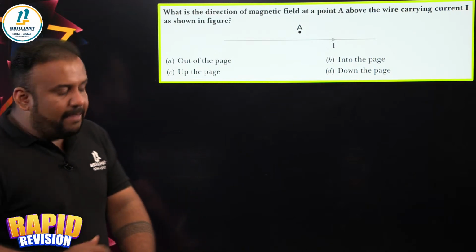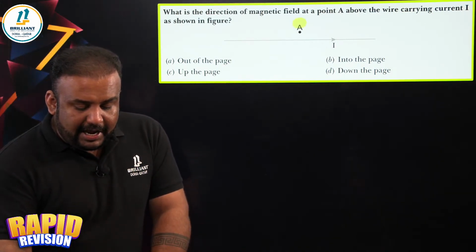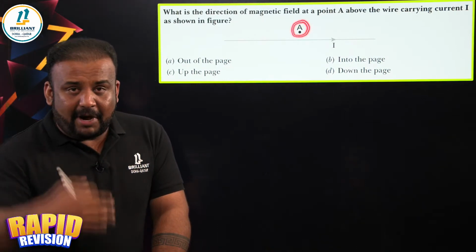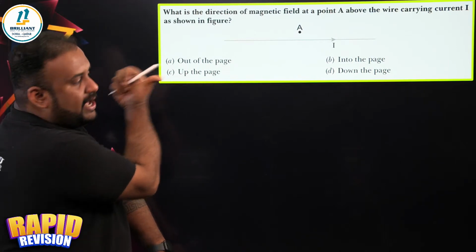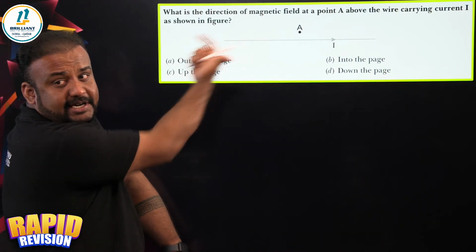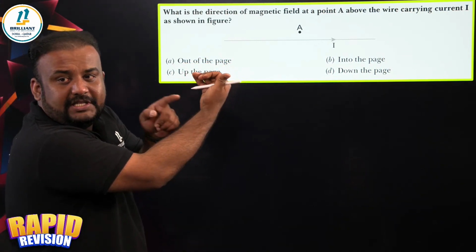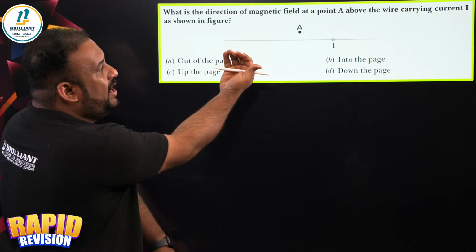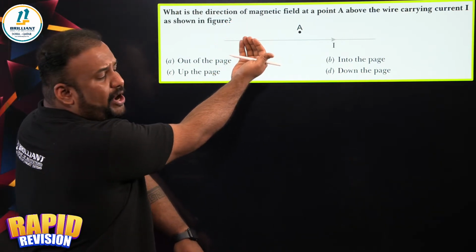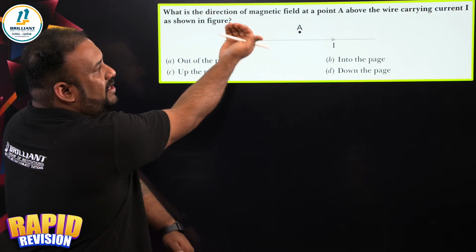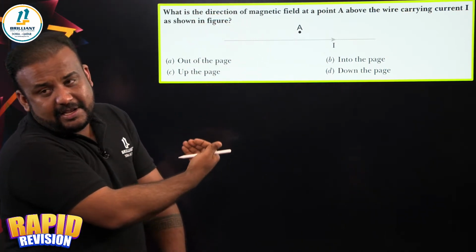So here, if you apply right hand thumb rule, and they asked at the point A, okay, this point is above the wire. So you hold the wire like this. The direction of the current is from left to right. That is the direction of the current. So you hold the thumb like this. The fingers that wrap around will tell you what is the direction of the magnetic field. So here, look at how the magnetic field is rising. At the point A, it seems like the fingers are wrapping and coming out of the board. Correct? Yes or no?